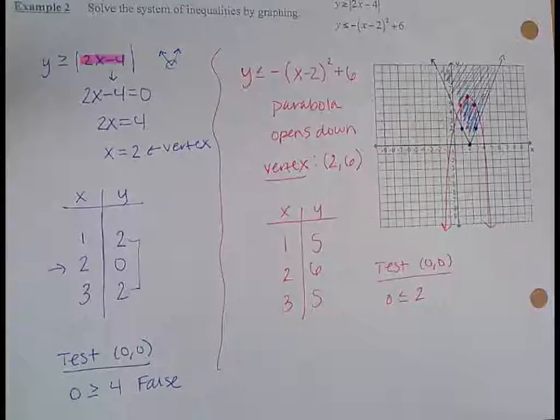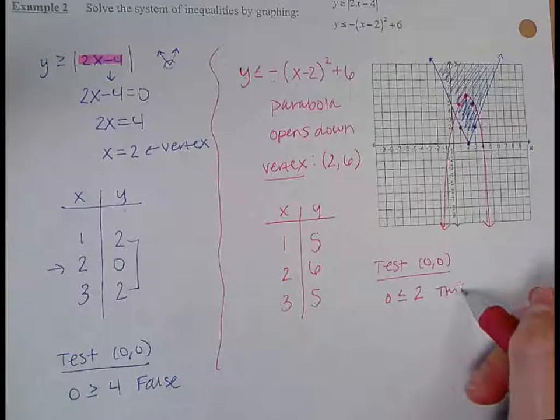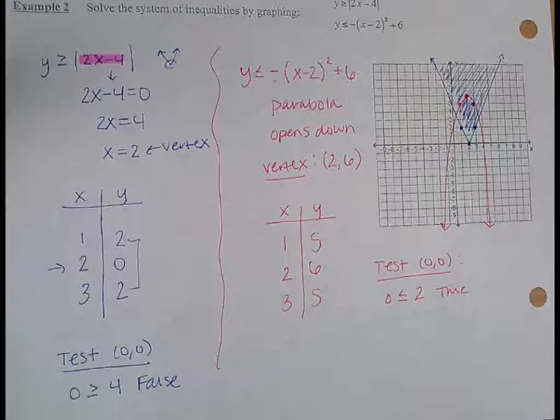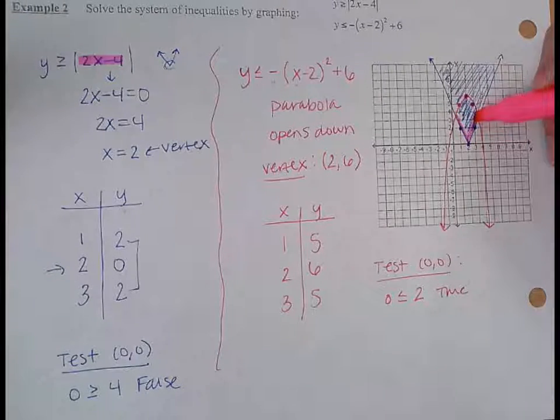So we get 0 is less than or equal to 2. That is true. So that means we would shade where 0, 0 is, which is inside. And so I'm going to shade what's inside of the parabola that's already shaded by the absolute value. So it's what is in between the insides of the parabola and absolute value graph.